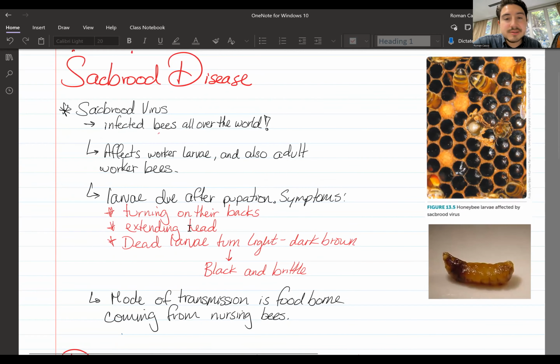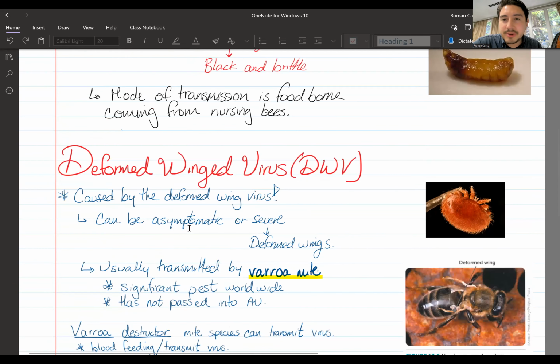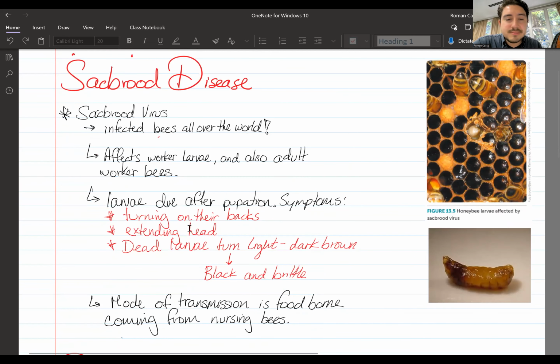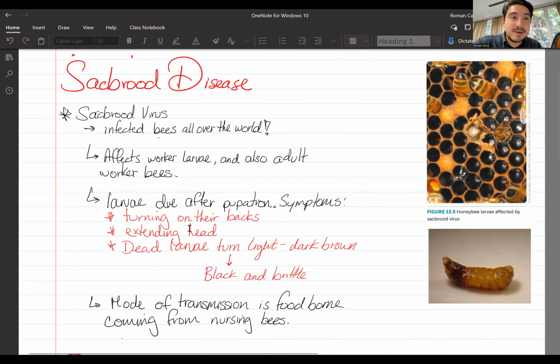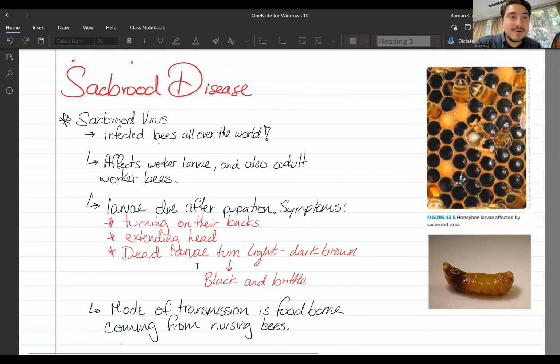The mode of transmission, I didn't really put a panel here, but how the virus gets transmitted from one to another is essentially you have another group of bees, the nursing bees, basically, that come in and provide food and nutrients for the larvae. They're essentially contaminated. They're essentially infected, and as they're providing the nutrients to these larvae, they are passing down the virus to the larvae.